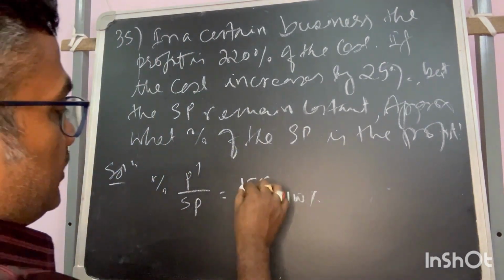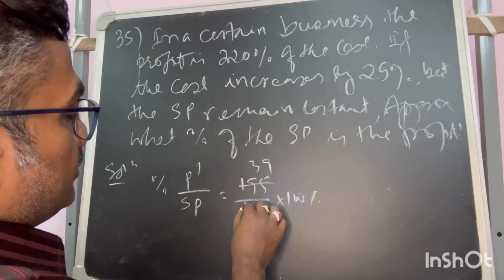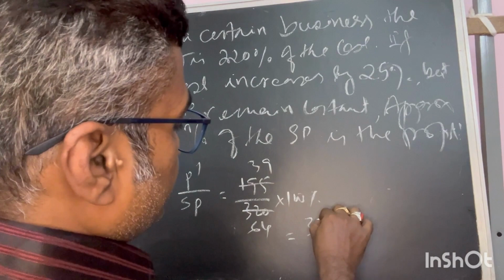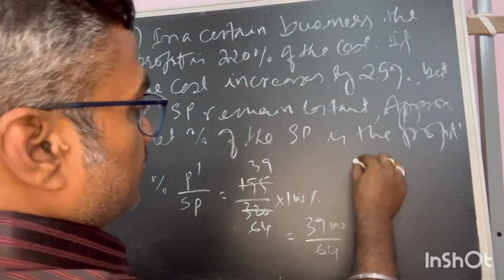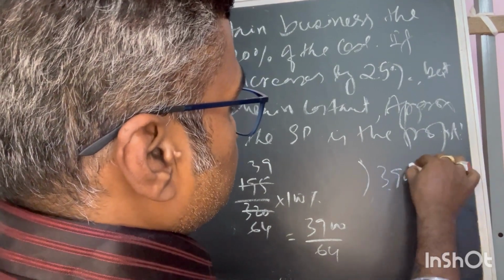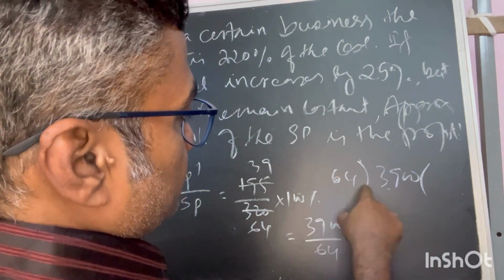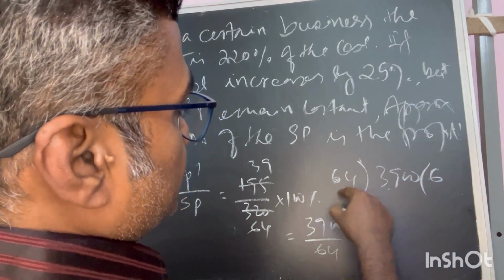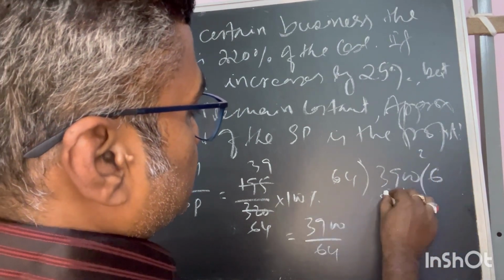So now calculate it. 195 by 320 into 100 means 3900 by 64. Let me divide it. 3900 by 64. If I multiply by 6, 6 4s are 24, 6 6s are 36, that is 384.